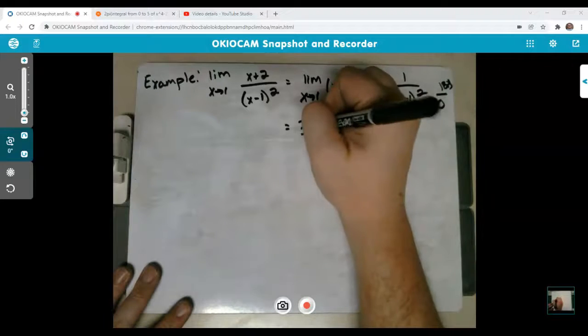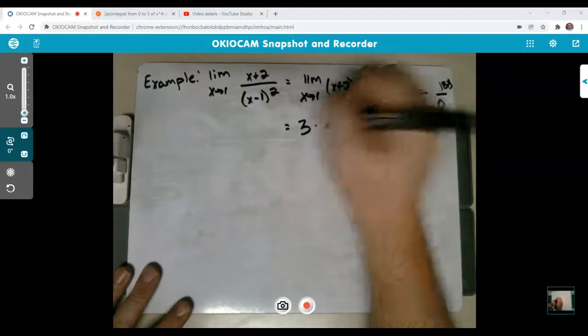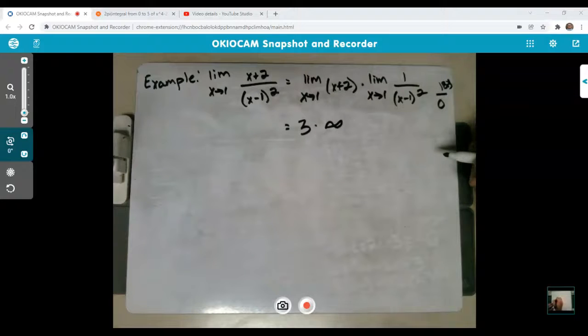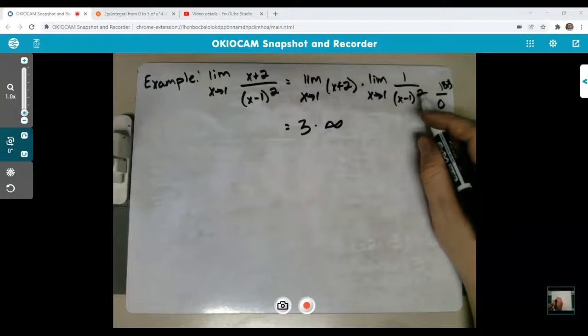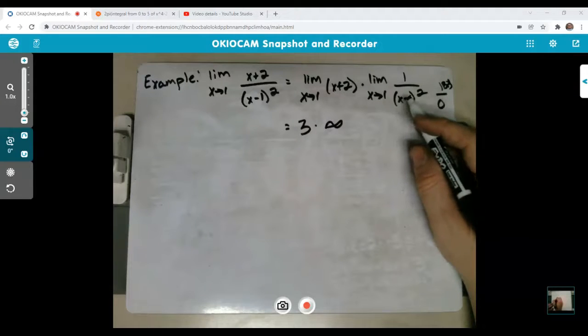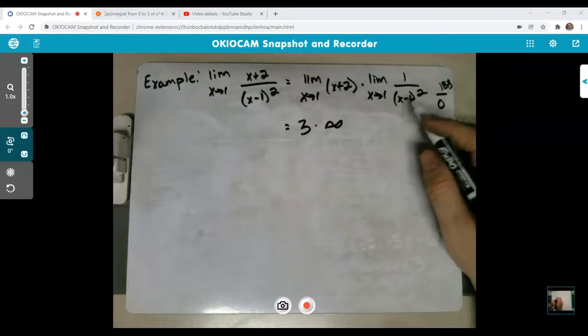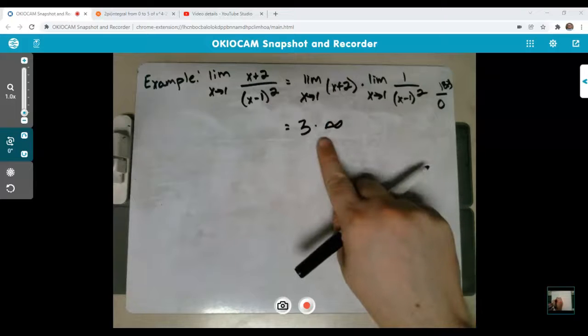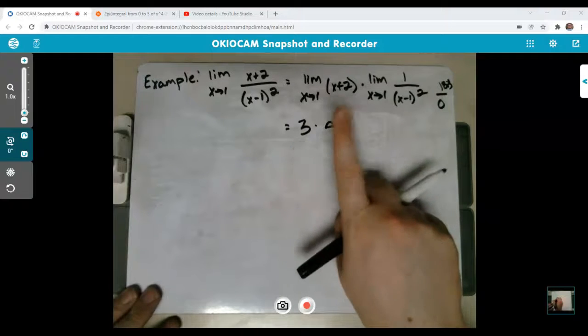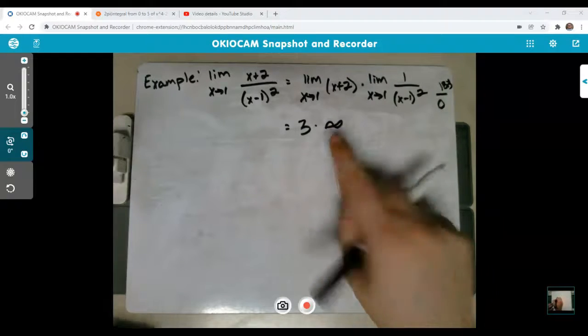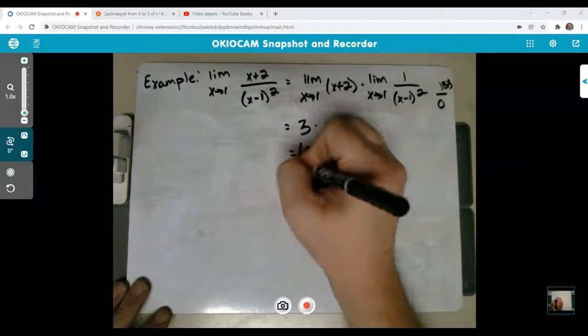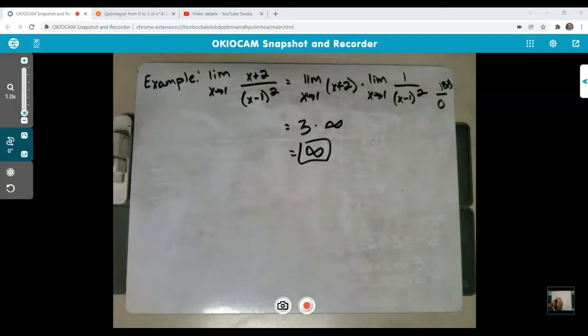So I know it's going to be infinity, but I want to know what the sign is, okay? Since this is squared, the bottom will always be positive. So because of that, it's positive. 3 times a number that's very big is going to be very big. So just like that.